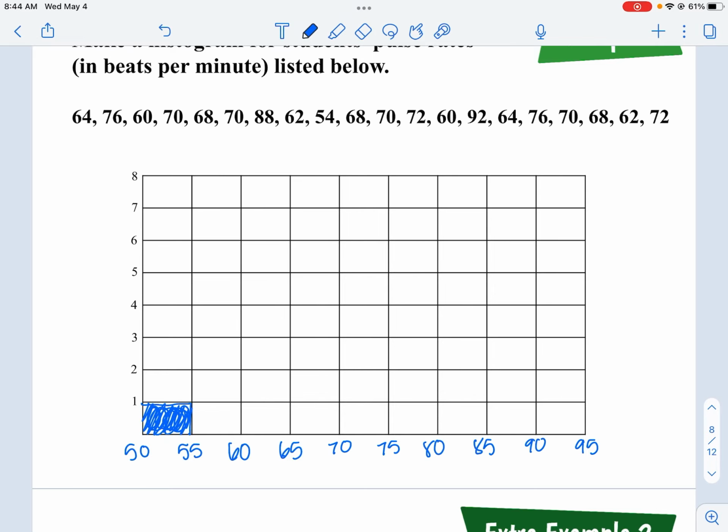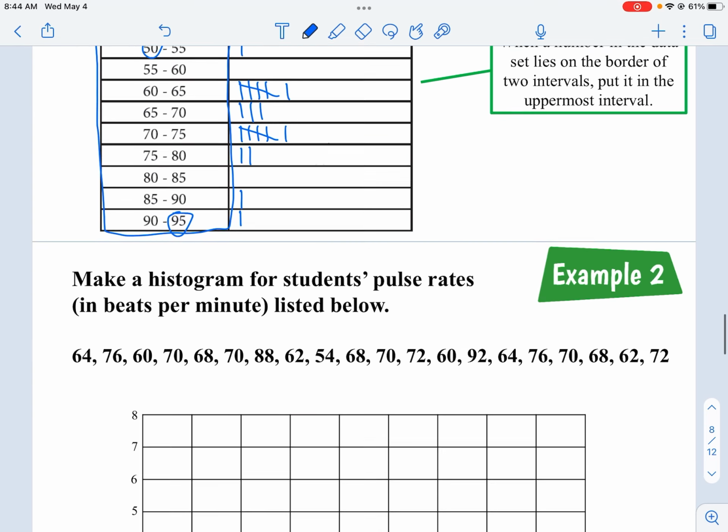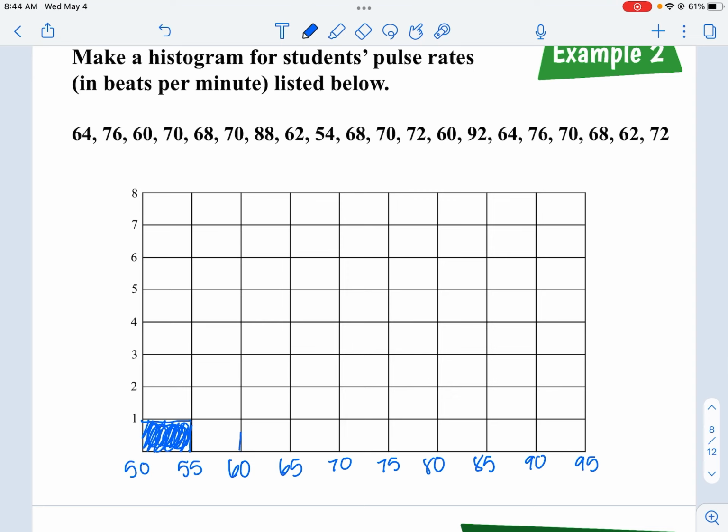You can make yours look a lot prettier than mine. Next, my 55 to 60 is empty. Then I have 60 to 65, and I have 6. Okay, and I would color that in. Okay.